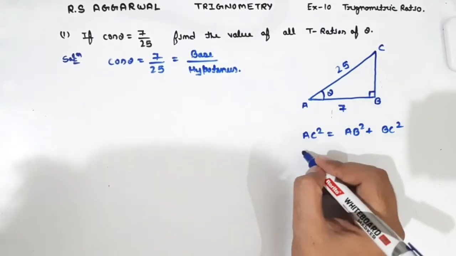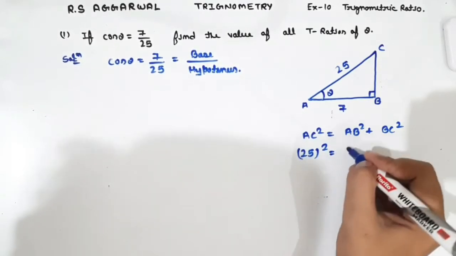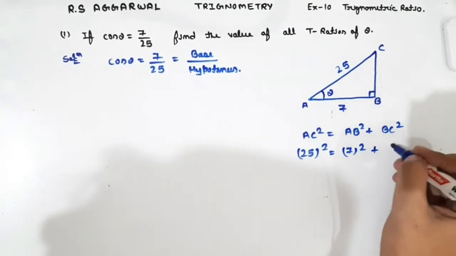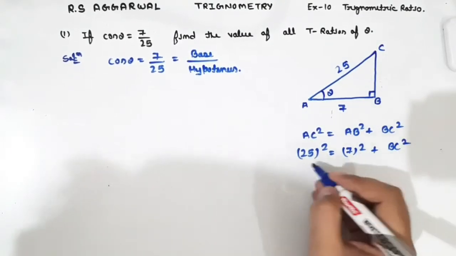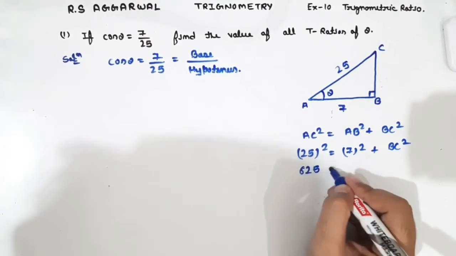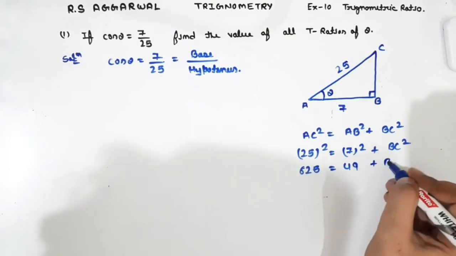So our hypotenuse is 25, base is 7 and perpendicular is BC. So from here 25 square will be 625, 7 square will be 49 plus BC square.